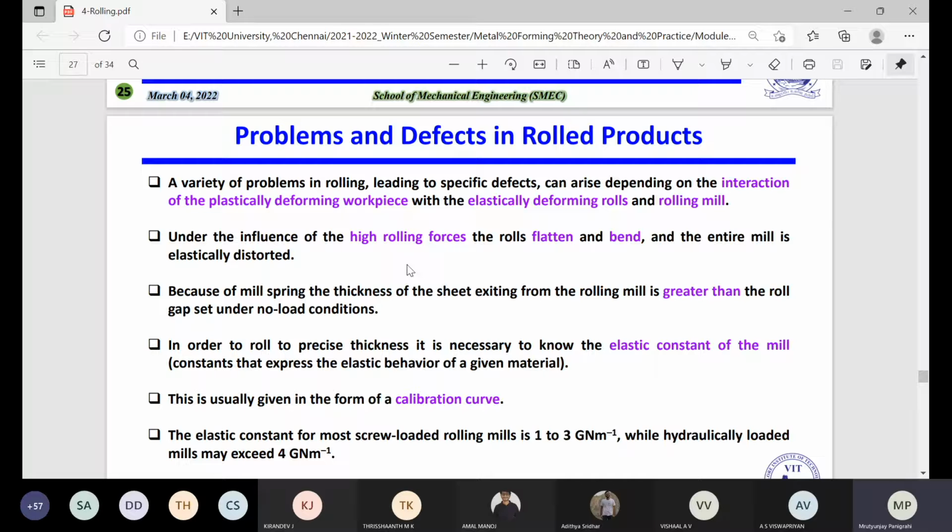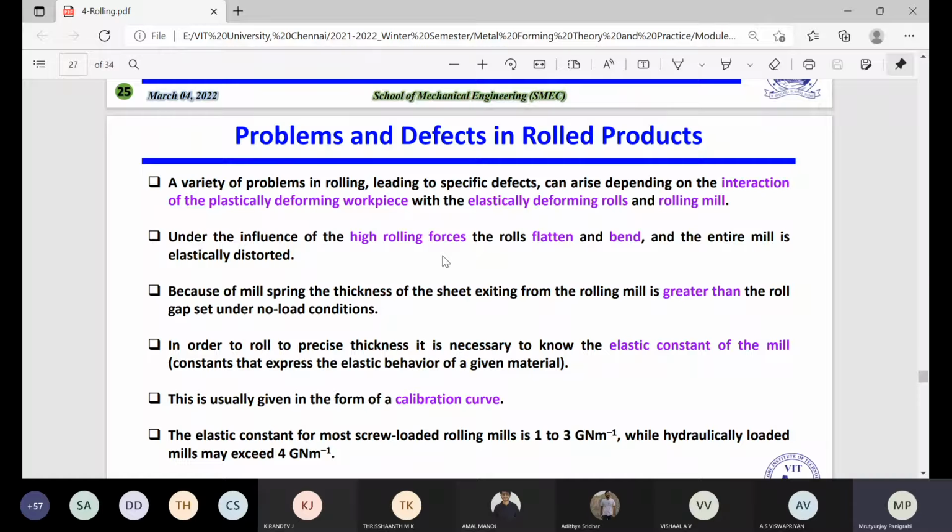Under the influence of high rolling forces, the rolls flatten and bend. Whenever we talk about forces, we are talking about what kind of forces you are generating there and how you are deforming the metal piece. For example, sometimes you are sending soft material, sometimes hard material, and sometimes you are creating more force or giving a lot of pressure.